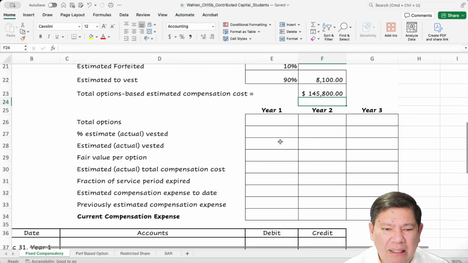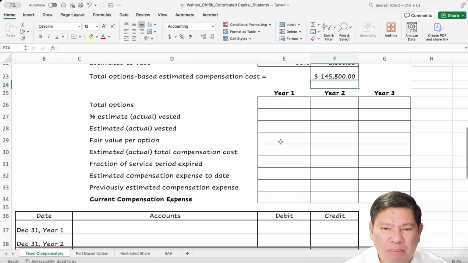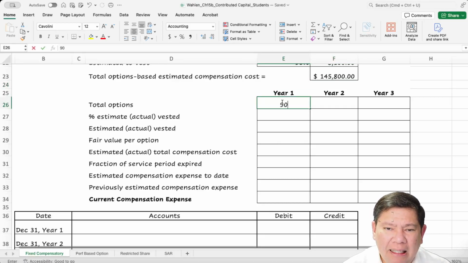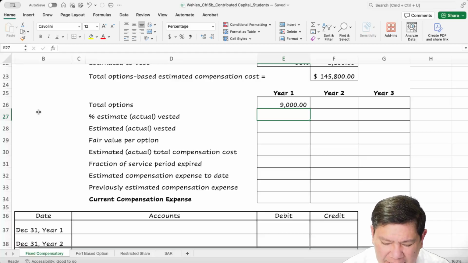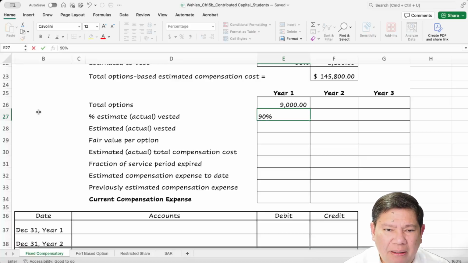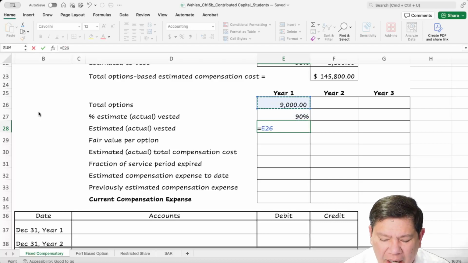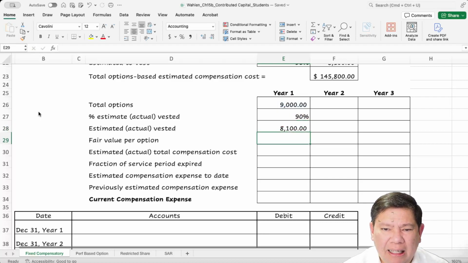But we have to recognize compensation expense in year 1, in year 2, and in year 3. So 9,000 total options in year 1. Estimated vested is 90%, so that's 9,000 times 90%, 8,100.